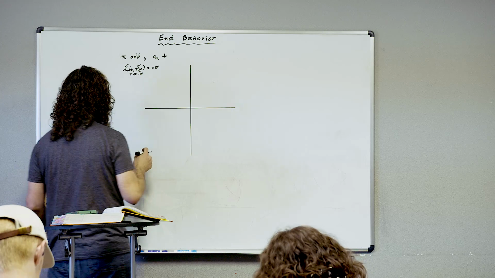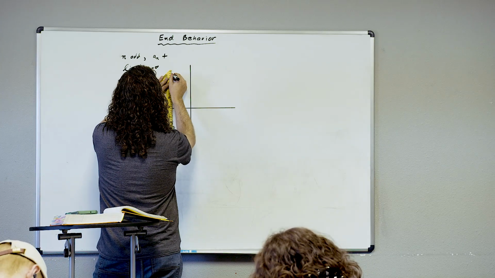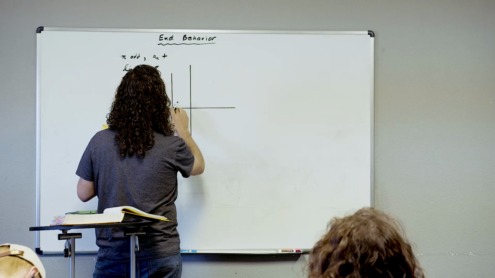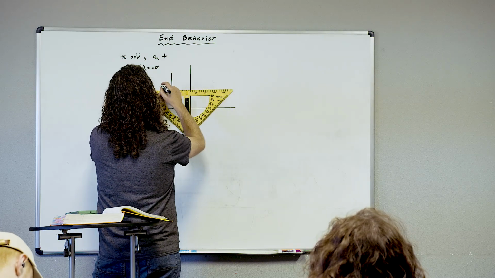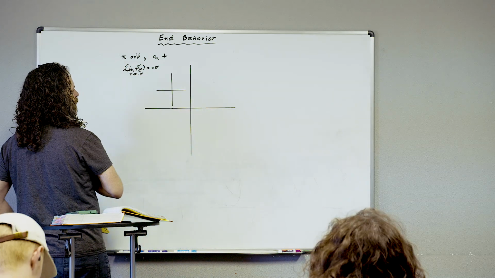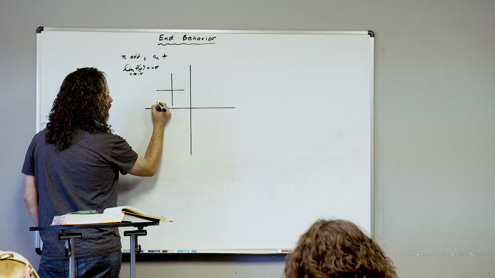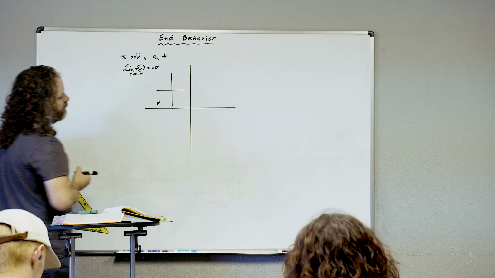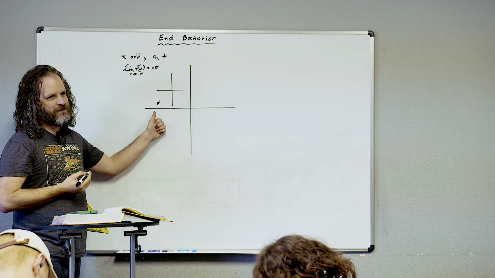So as we're building a little picture of this, what we've got so far is that as we go to the left, our graph is going to be going down, right?